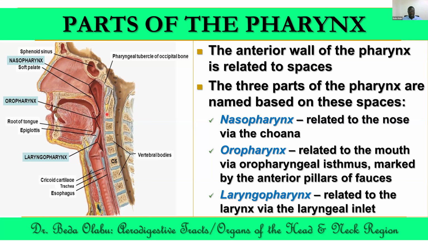The laryngopharynx, on the other hand, extends from somewhere there, going down, and it's related to the laryngeal inlet. Well, some part of the laryngopharynx still continues down, not necessarily related to the laryngeal inlet.